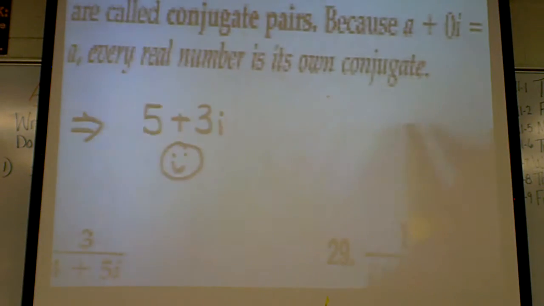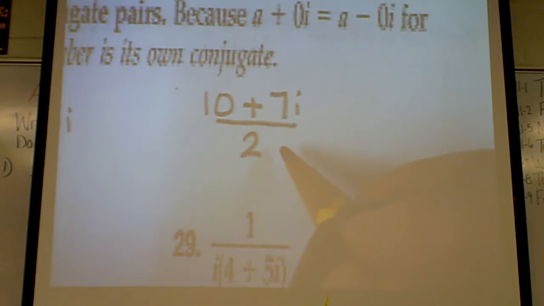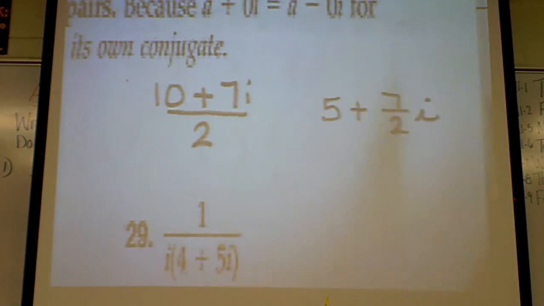What if you had 10 plus 7i over 2? Would you write 5 plus 7i over 2? If you break it up, you could do that. You could write 5 plus 7 over 2 i.